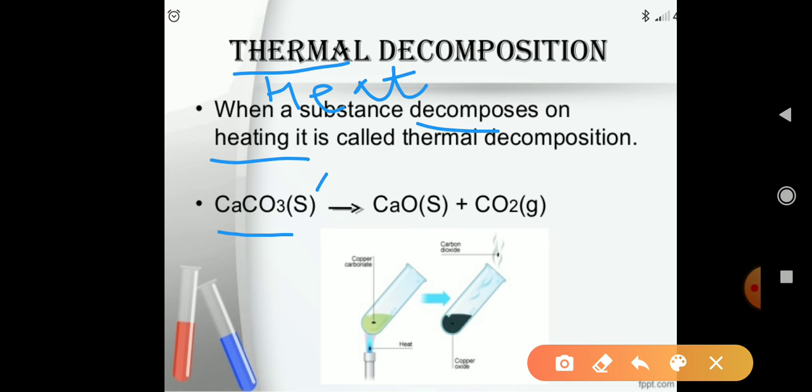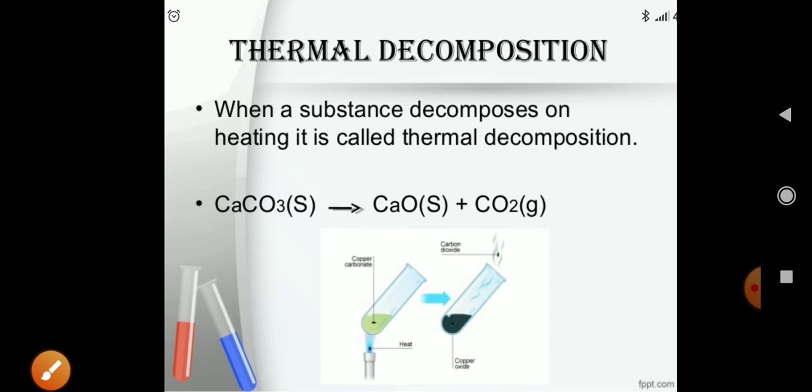Here we have to write a triangle sign on the arrow for heating. Calcium carbonate on heating gives calcium oxide plus carbon dioxide. This single compound or reactant is converted into two products by using heat energy, and therefore it is called thermal decomposition.